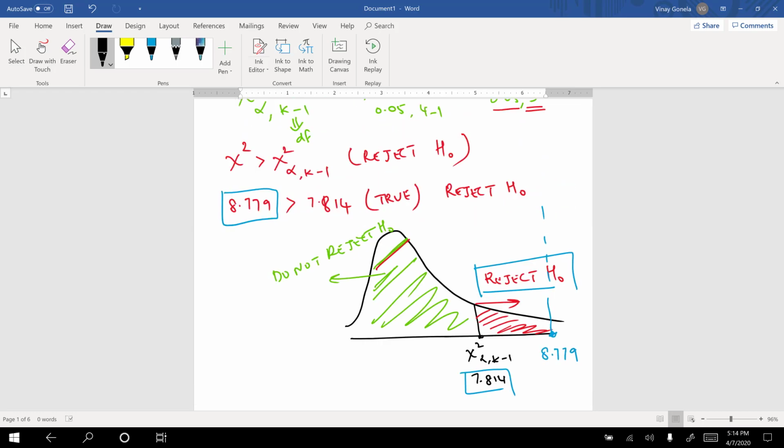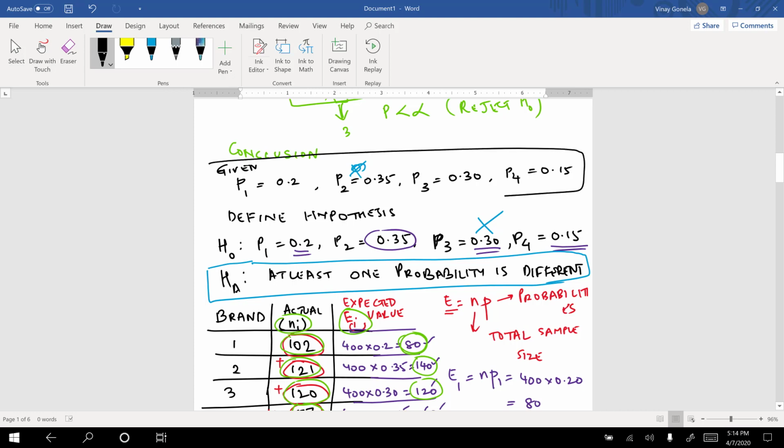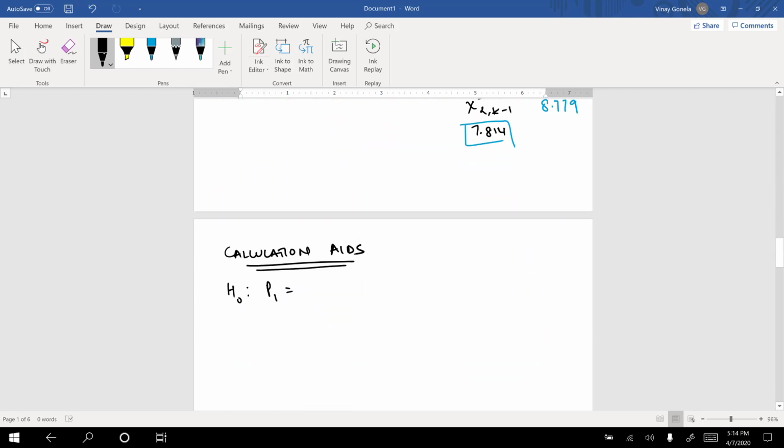I'm copying the given values from here. I have it on a sheet of paper, so I will just copy that from there, and you can copy from the question itself.